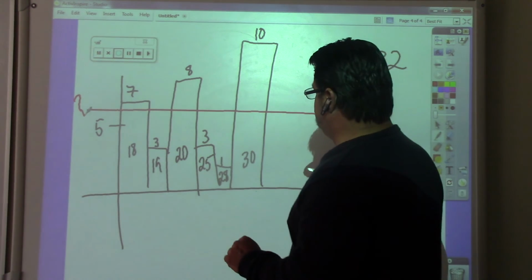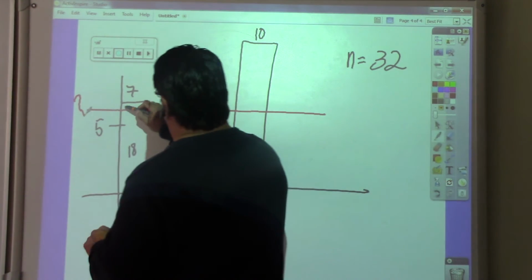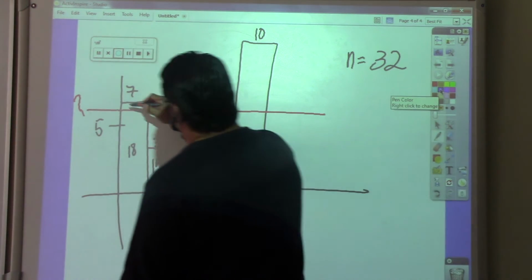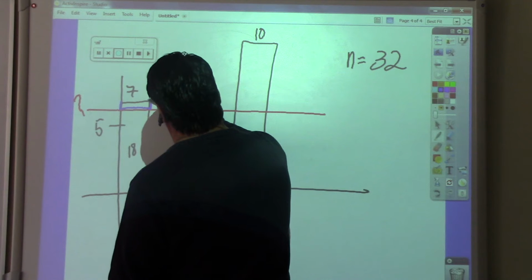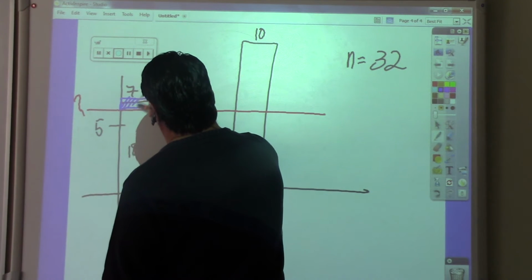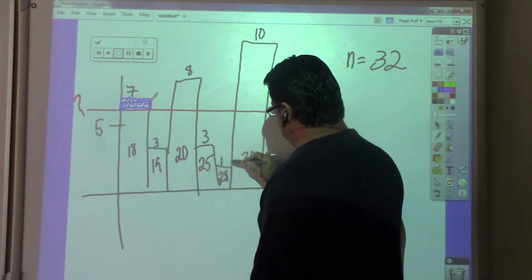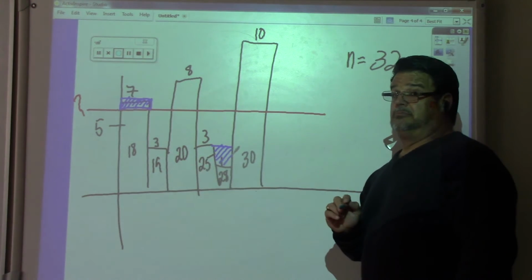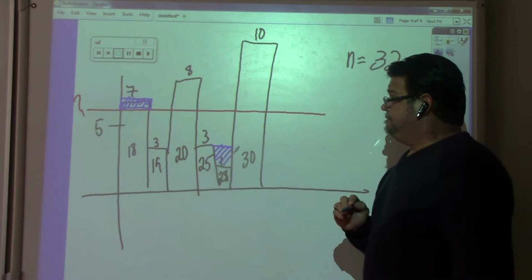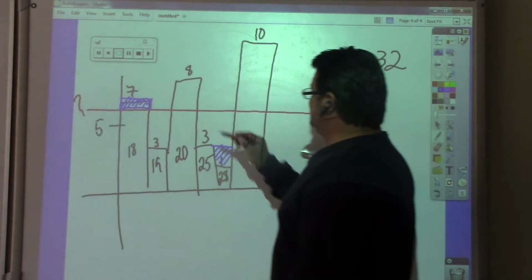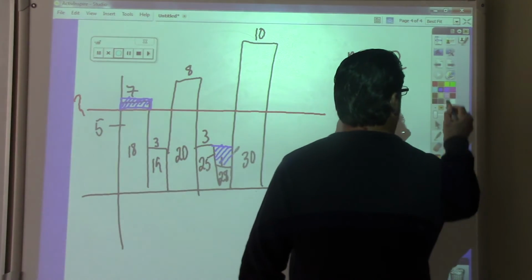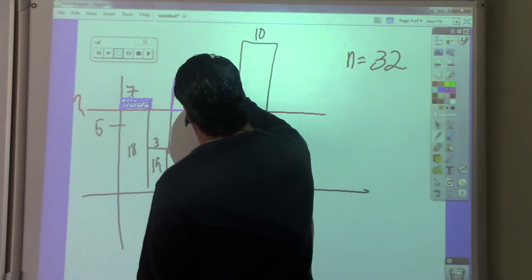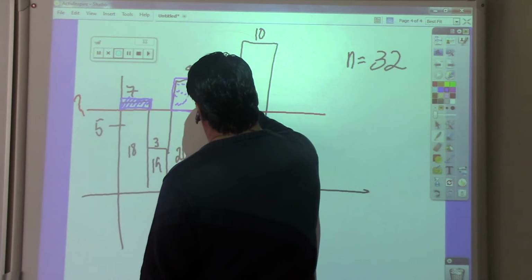In other words, I could take this guy right here. Let's color him blue. Let's cut this guy off right here. Cut it off, and I'll put slants of blue here. And let's dump him right here. Okay? And let's take this guy, and we'll color him purple. And we'll put dots in him.